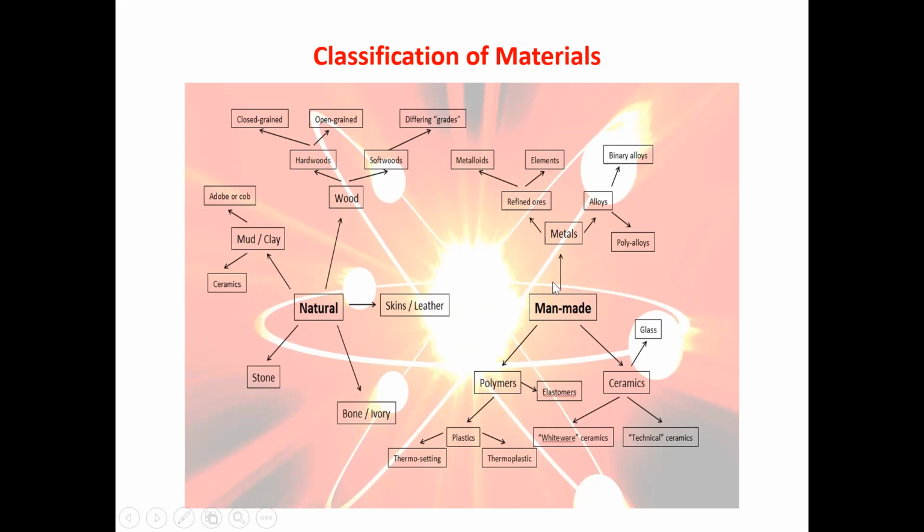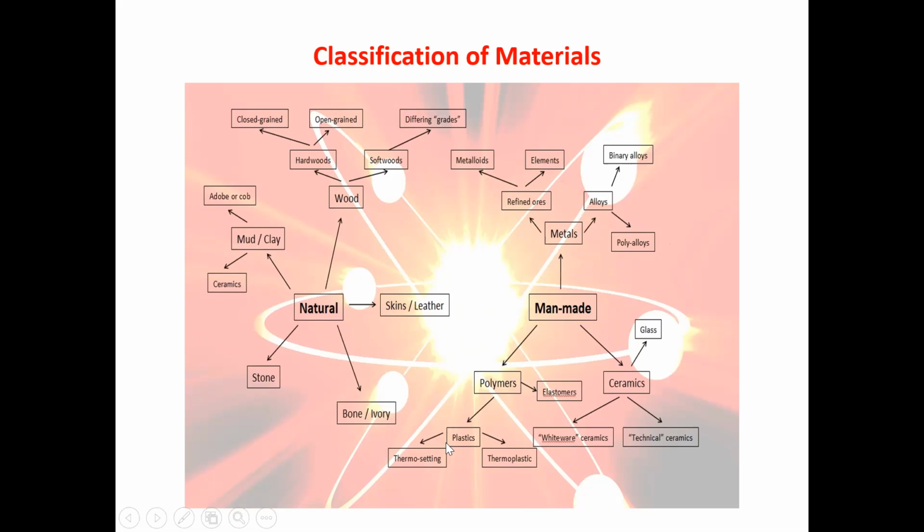Then you will see the man-made materials are polymers, ceramics, and metals. So this is the classification which I have shown you before in the last slide. And metals: alloy and refined ores, and then from alloy, the polyalloys and the binary alloy, and from refined ones, the elements and metalloids, right? And if we go to the ceramic side, then you will see the glass, right? And some other types of ceramics.